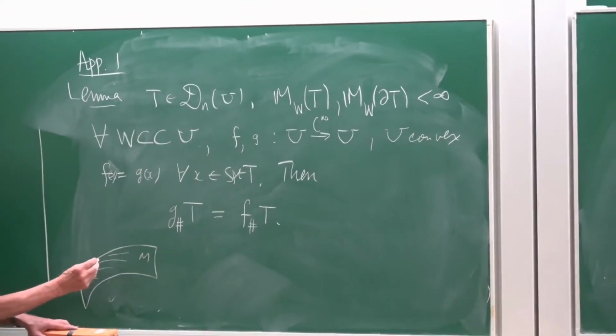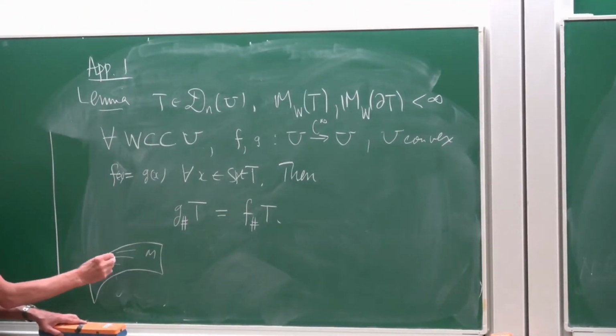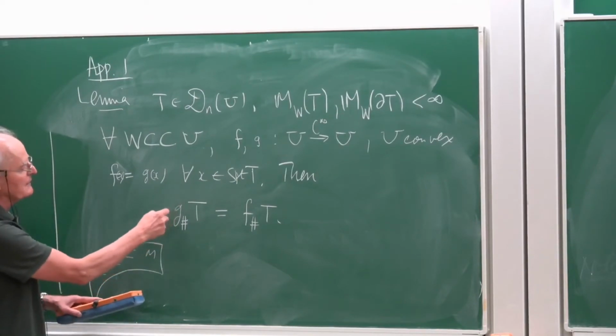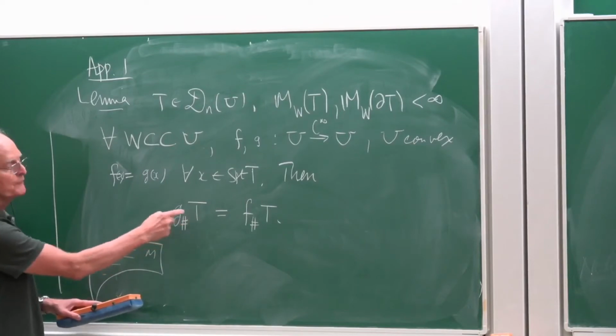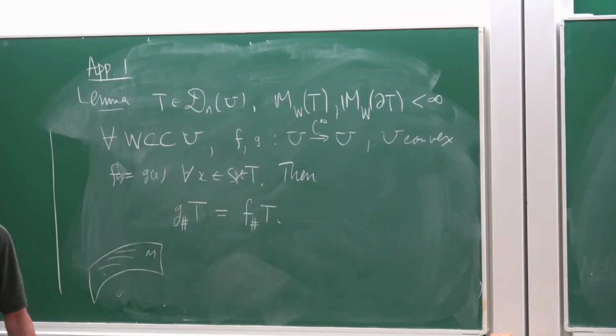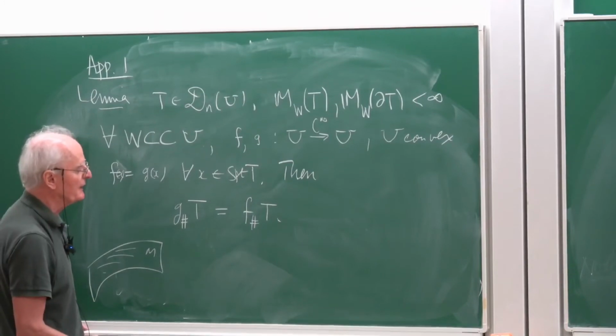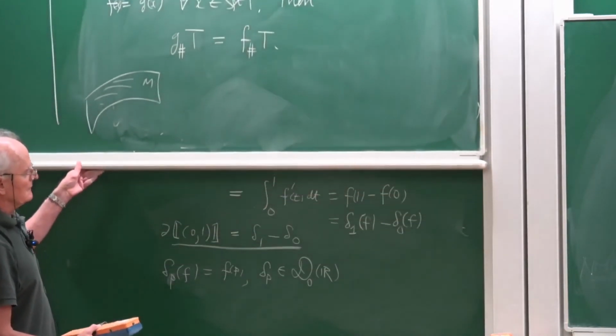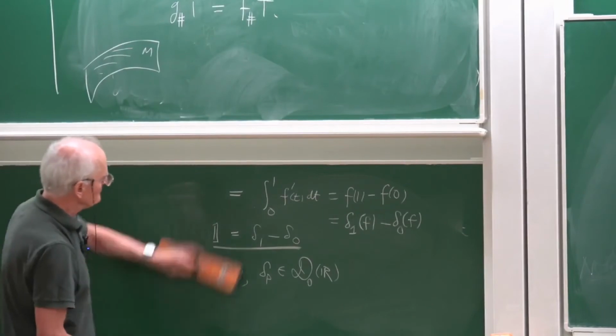But the derivatives of f and g could diverge as you move normal to the manifold. And clearly these operations of pushing forward do depend on derivatives of f and g. So there is something to check here. In a way, this is a bit surprising at first sight. So let's check that it does indeed work out.